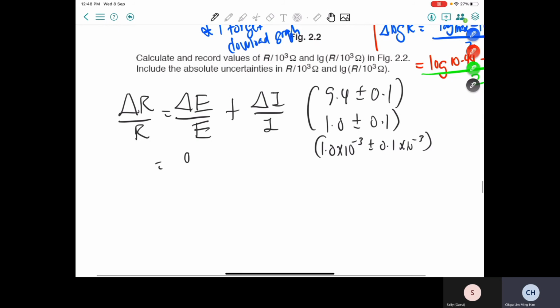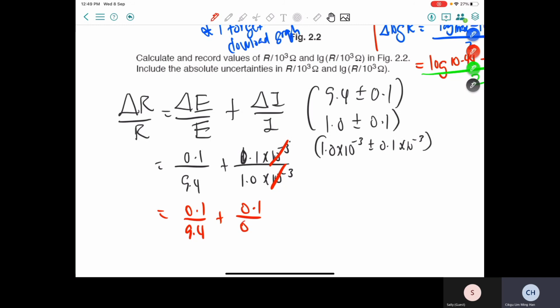When you put it in here, you see the magic: the times 10 to the power of -3 is gone. It's the same thing as doing it straight away.